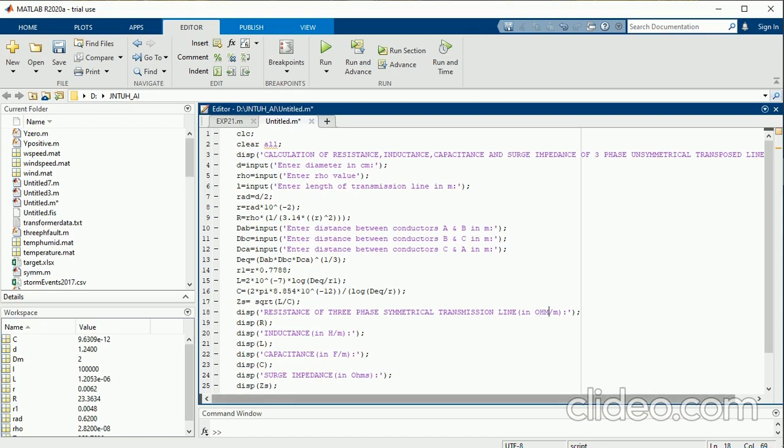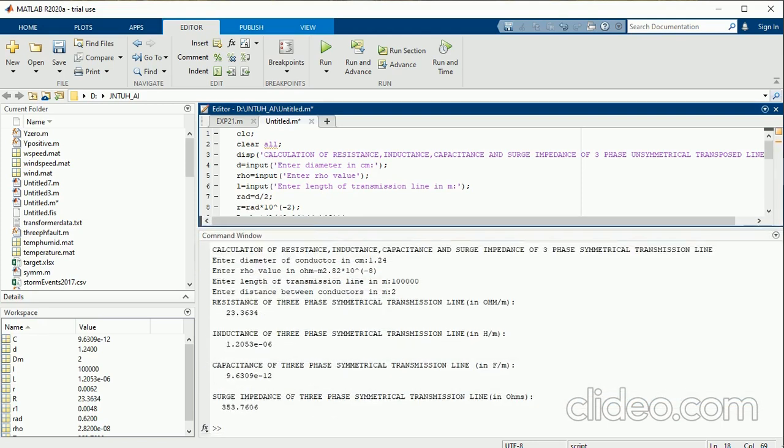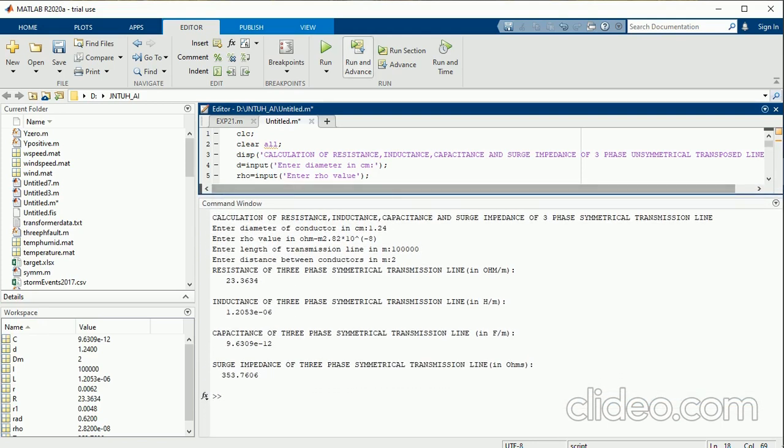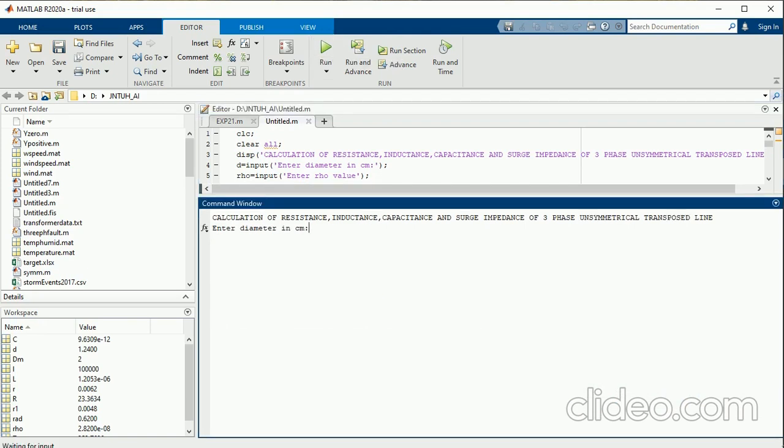Okay, so again I go with this. I'm simply running my code. Please observe here, because of your clc, your entire command window is cleared. So I'm just giving the inputs. Same material I'm assuming, because it will give you some idea about how it depends.